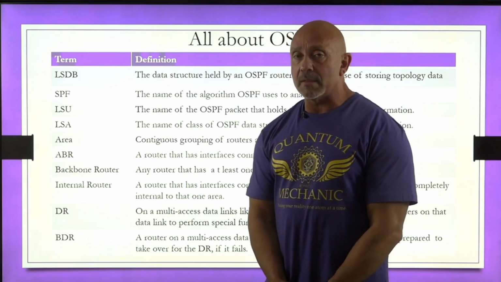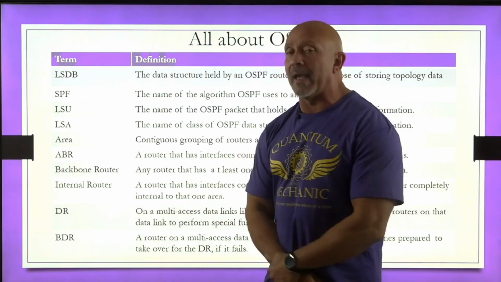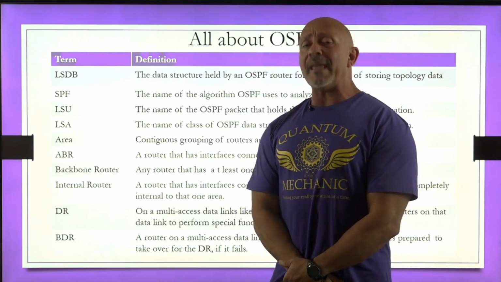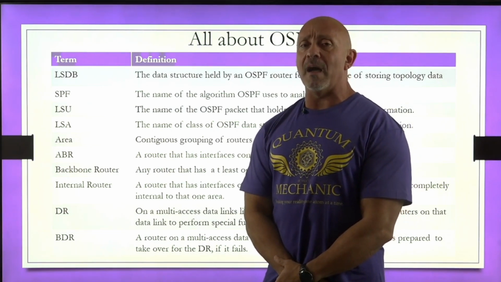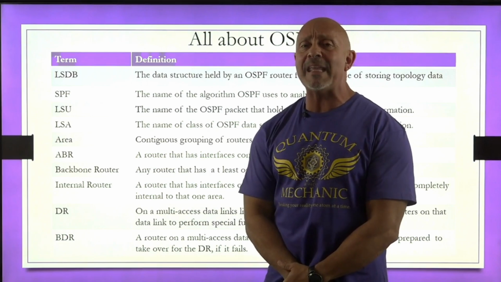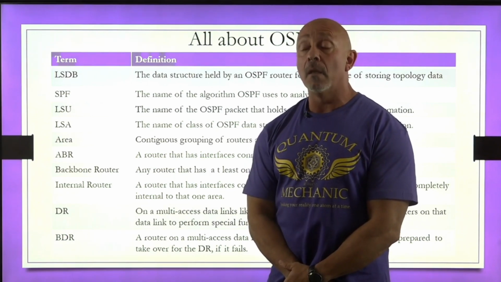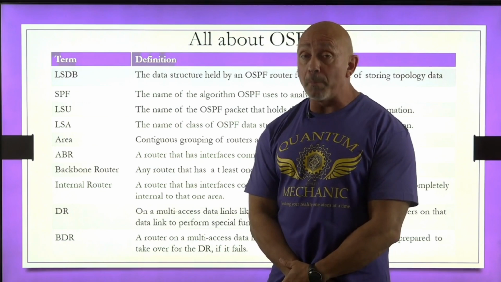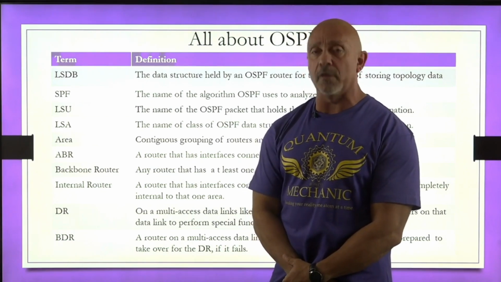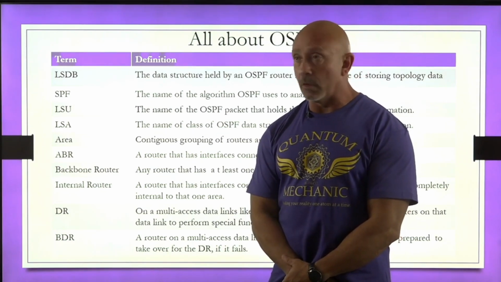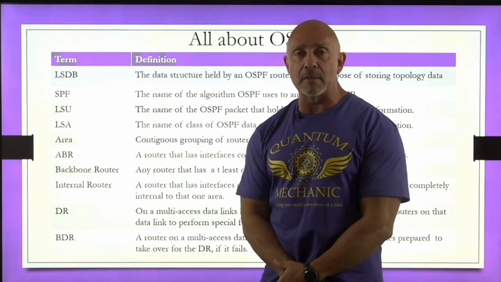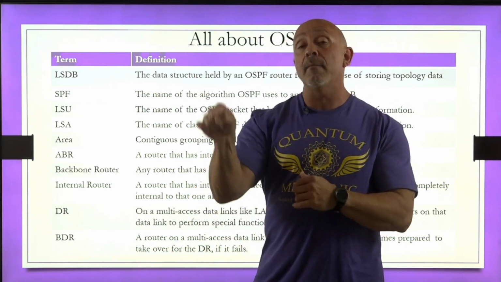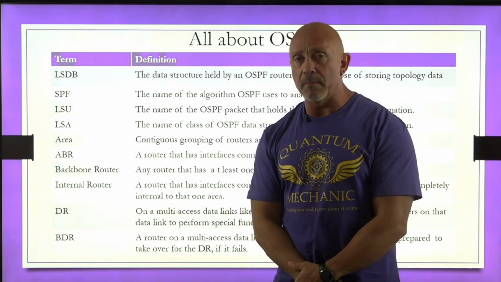The election process, all right? Now, the election process for those guys is I will choose to be the designated router if I see the highest IP address on any physical interface unless there is a logical or loopback virtual interface configured. So if it sees a virtual interface, a loopback interface, which is not a real interface, it says, hey, I'm going to choose that. And we'll see that when we do the lab, all right?